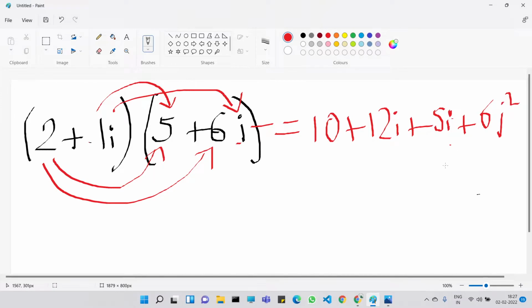Here i square equal to minus 1, since we define i as root of minus 1.